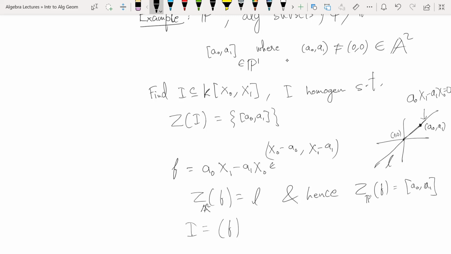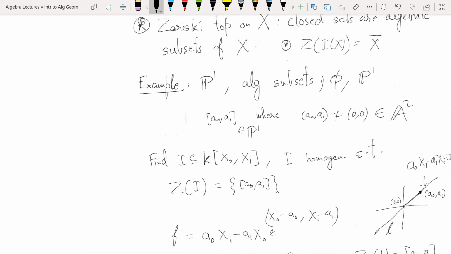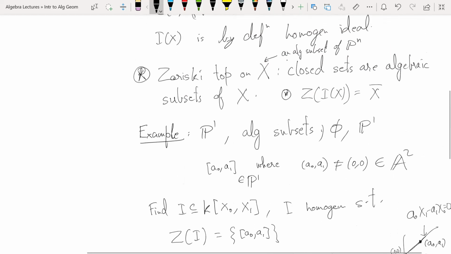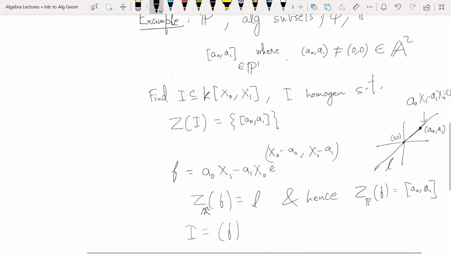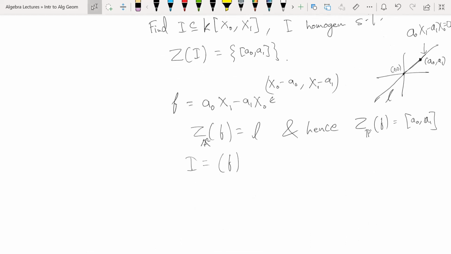So we see that a point in P1 is indeed closed, and then by our topology, we know that any finite collection of points in P1 is actually closed, because a finite union of closed sets is closed.